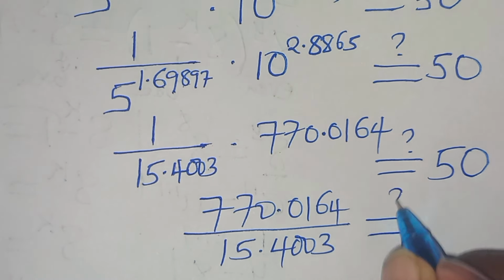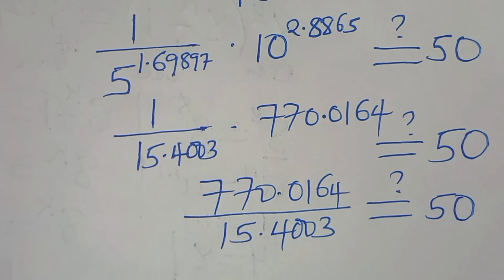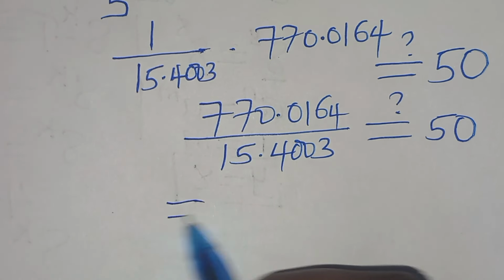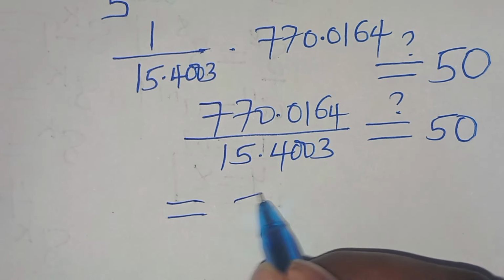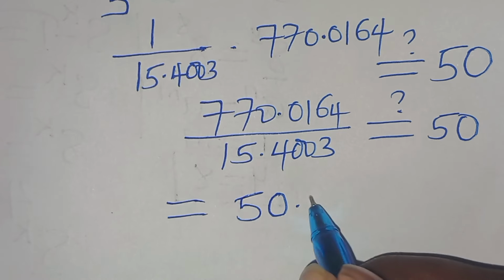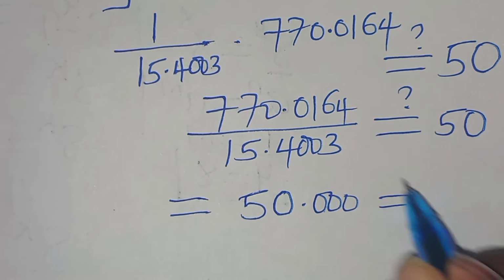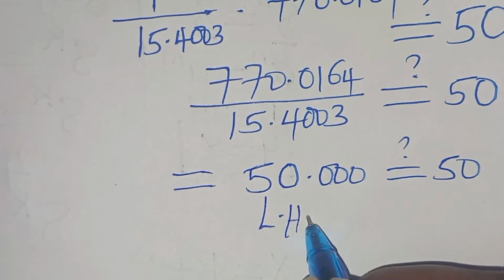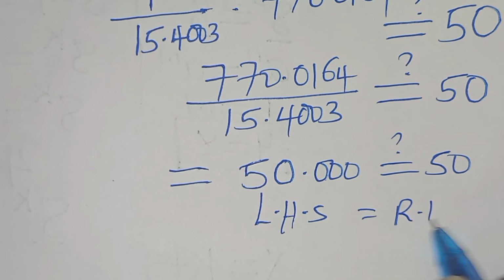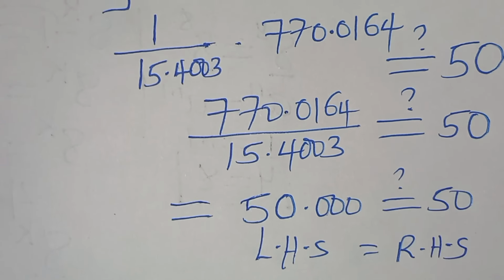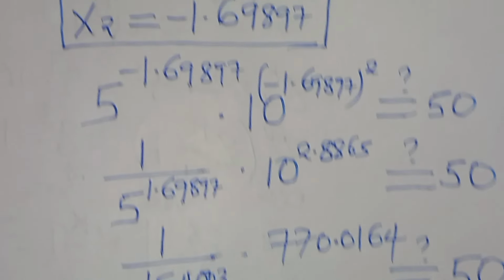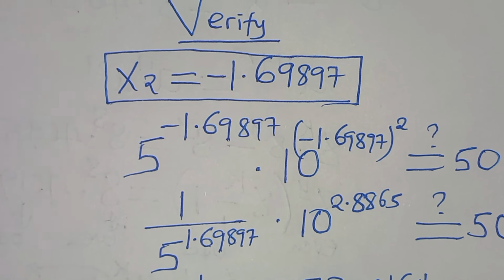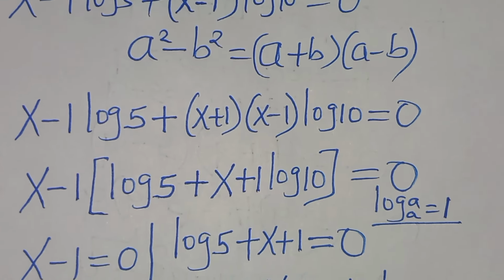This is supposed to give us a value of 50. So this is equal to 50.000. This should be equal to 50. So you can see that the left hand side is equal to the right hand side. And this implies that x2 here satisfies the equation. So both x1 and x2 satisfy the equation.